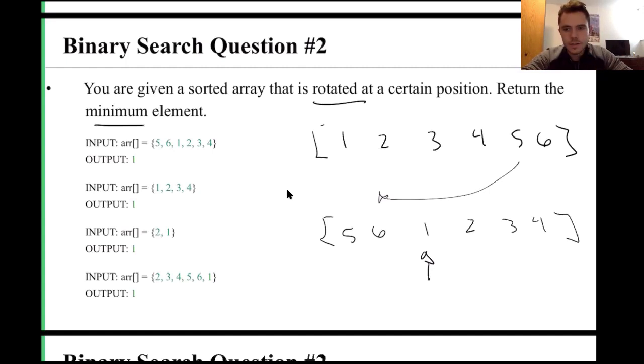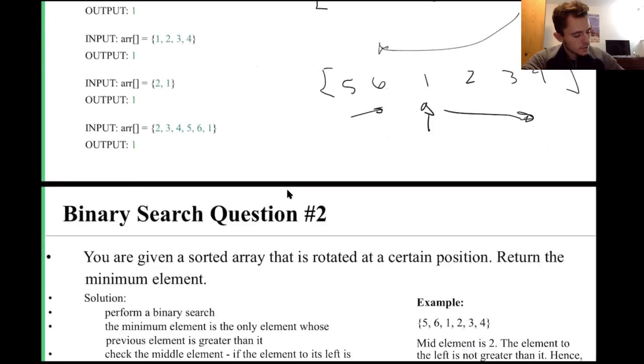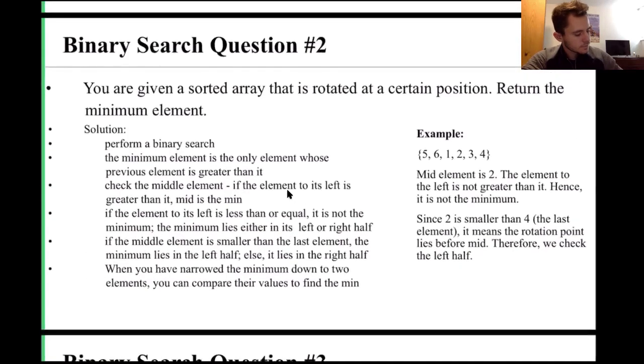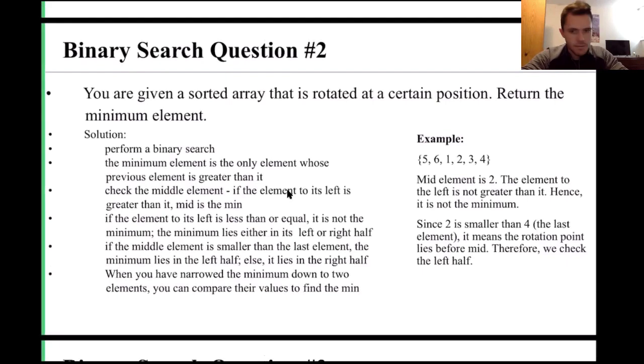And in this situation, it's kind of similar, right? The left side of the array is increasing, but the right side of the array is also increasing, right? And what we find is we actually don't have to perform as many checks here. So for here, they have a whole lot of word vomit kind of telling us what to do. And essentially, we're going to keep checking the middle element, right?